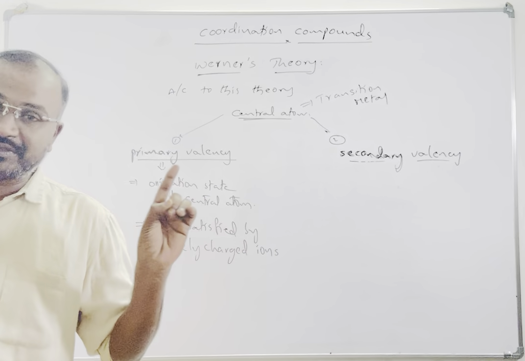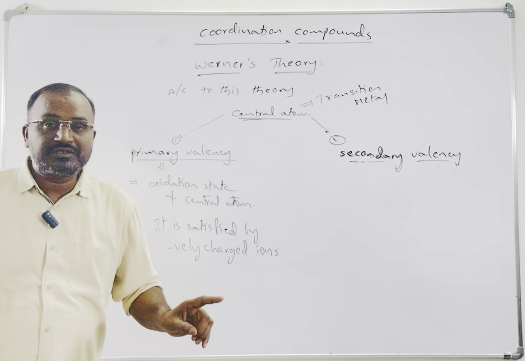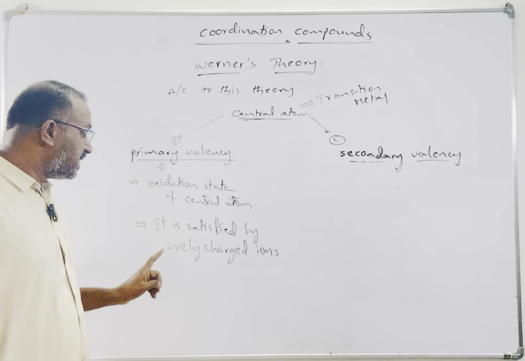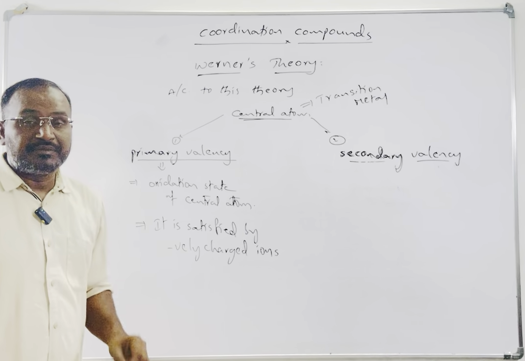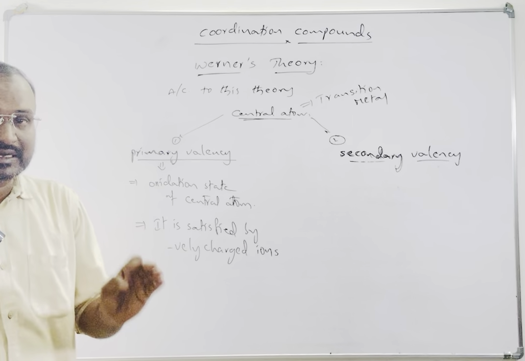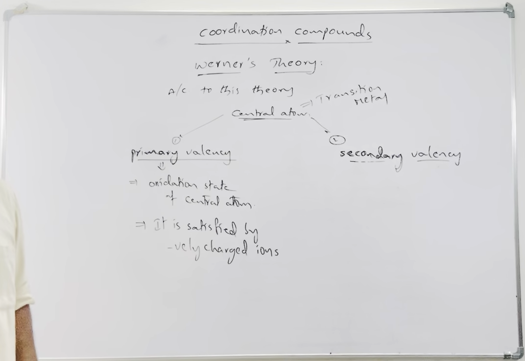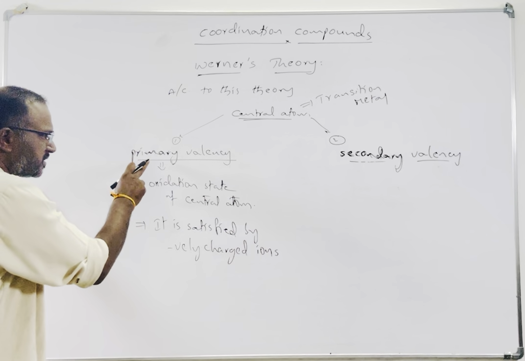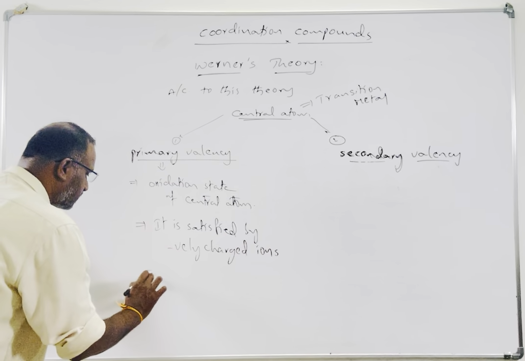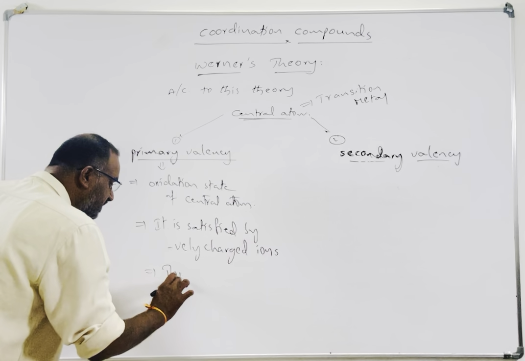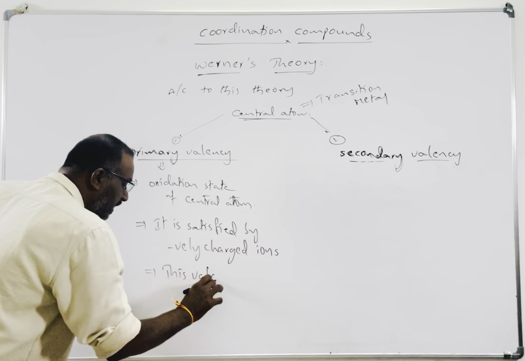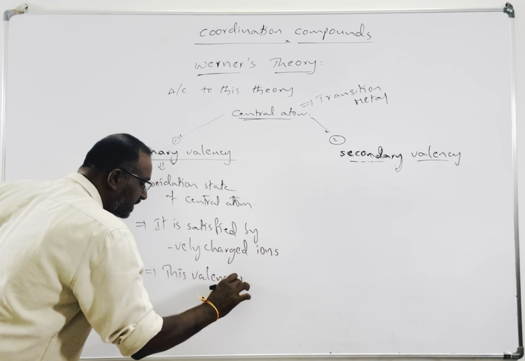Generally it has a positive charge, so that positive charge is satisfied by negatively charged ions. This is positive charge and this is negative charge. That's why this valency is ionizable valency.